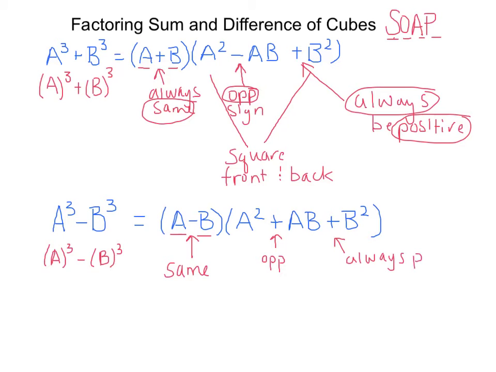Okay, so that's where we've got our SOAP algorithm. One other thing I wanted to point out is that this ab right here in both of them means you're going to multiply the a times the b. Okay, so let's look at a couple of examples.